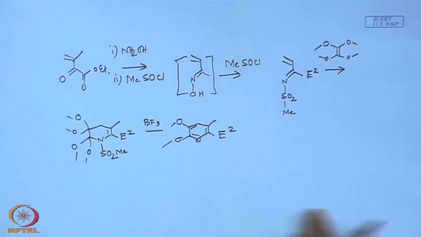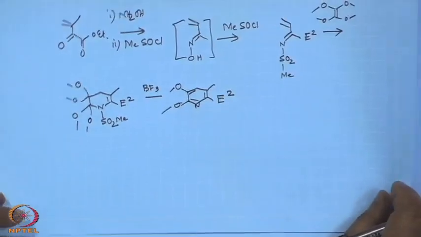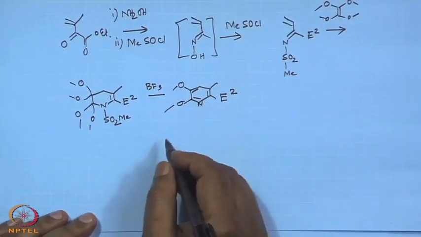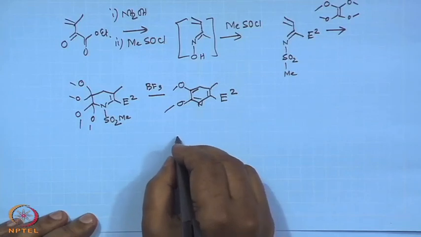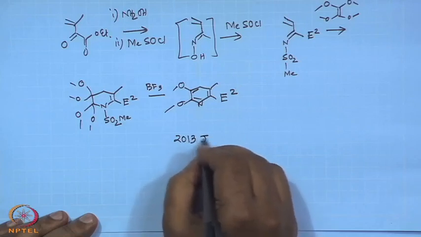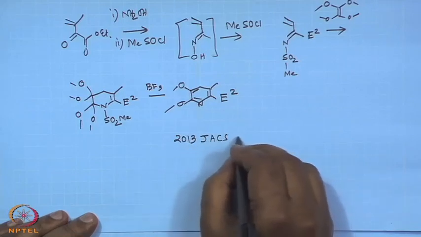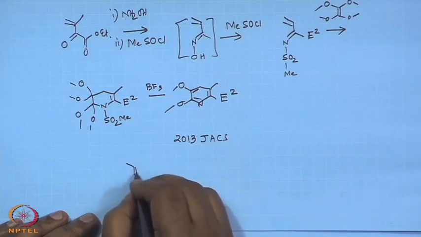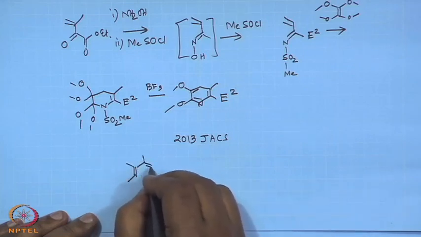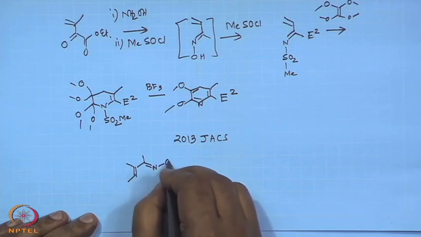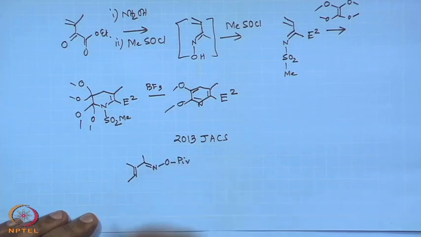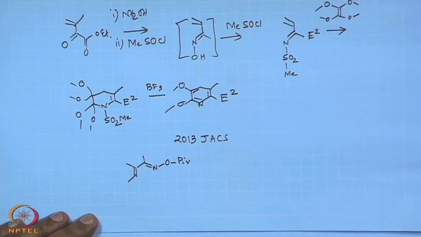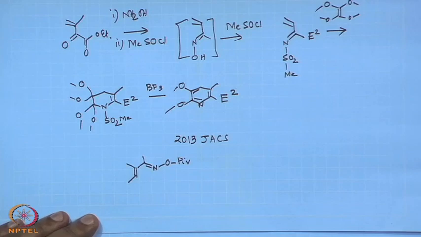An alternative was published only this year, very recently, a few months ago. There was a paper by Rovis, published in 2013 in JACS. It is again a kind of oxime, where this oxygen has been linked to Piv, the pivaloyl group.